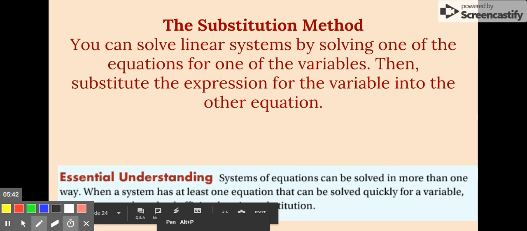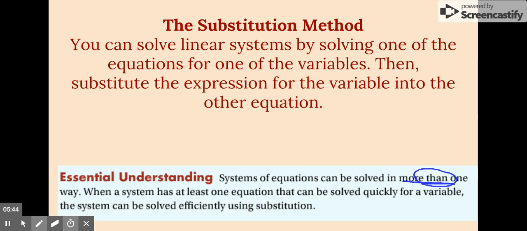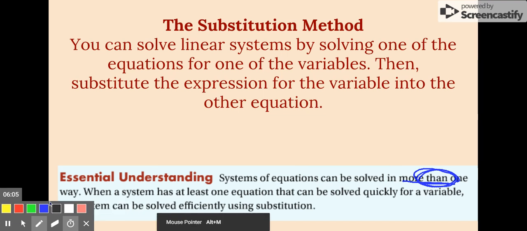You can solve it by graphing, or you can solve by substituting. You can solve it by eliminating, that we're going to learn tomorrow. So I need you to remember, you're going to learn many different ways, so you need to choose one of the ways depending on the question. Let's look at the example.